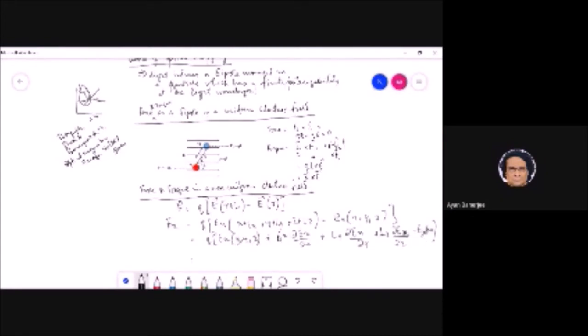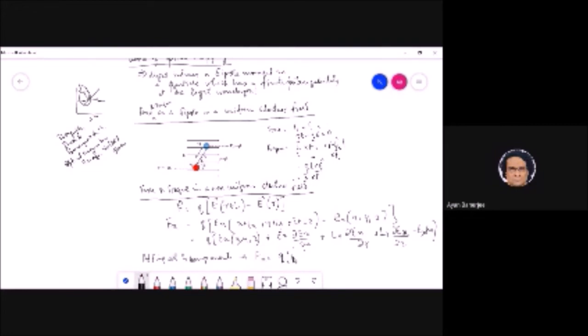So what you finally get, adding all three components, is this. Basically FX is Q, sorry, Q dot E, so it's not Q dot, sorry, what am I writing?